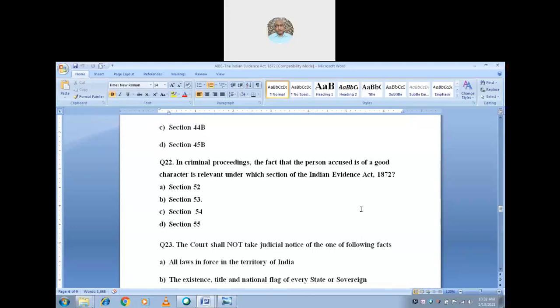Suppose you find good character in a convict who is undergoing a sentence; on which date will he be released from jail on the basis of his good character? Even though it is not on the screen, it is a subsidiary question.